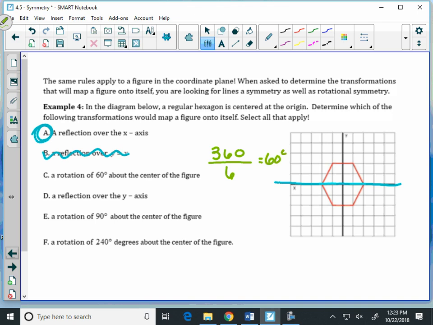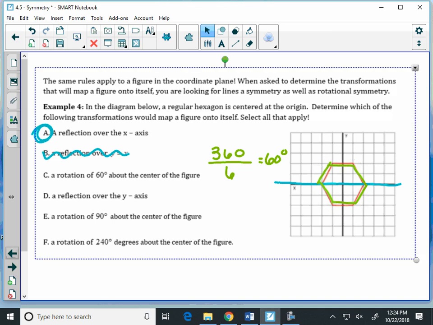That's its angle of rotation, meaning if I rotate it one time and it maps up onto itself, that was a 60-degree rotation. So would a 60-degree rotation about its center work? Yeah, that's its angle of rotation. That's going to be an answer.